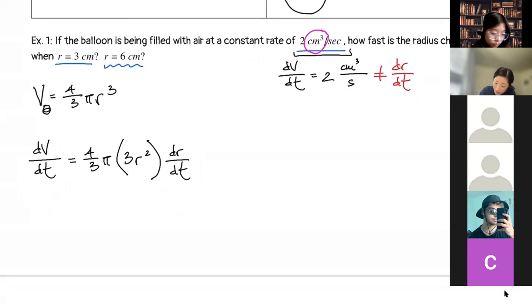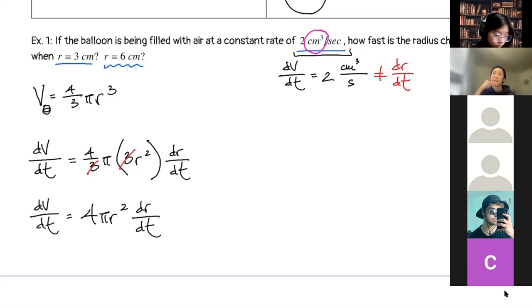Let me clean this up a little bit. dV/dt equals, let's see, this 3 and that 3 reduce. So not 6, but 4 pi r squared dr/dt.